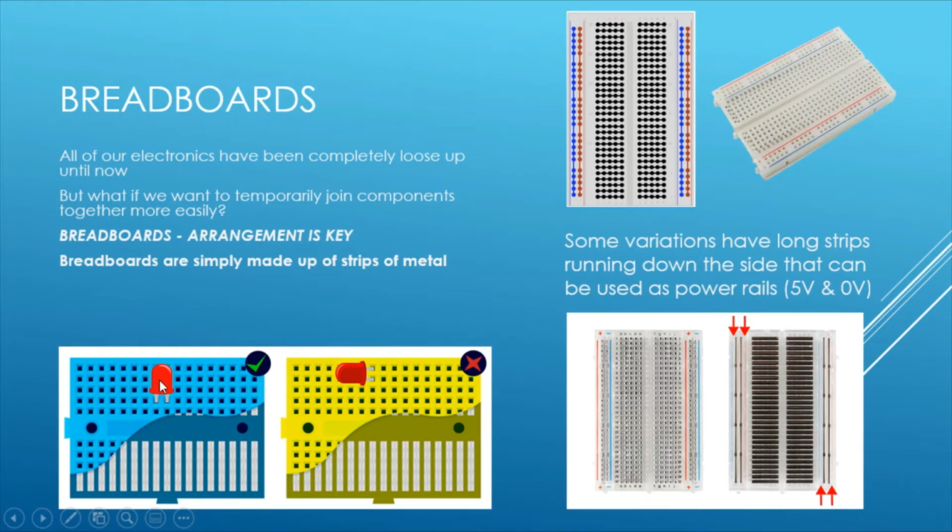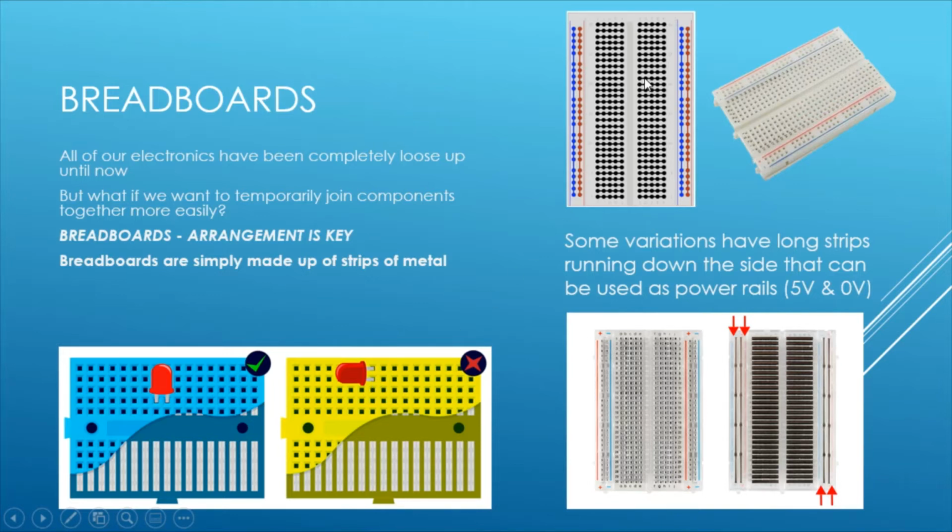Now, if we put our LED here, that's symbolized here, across these two paths, underneath here it's connected one of the legs to this metal strip, and the other one to this metal strip. If we do it like this, this is all joined on one strip together, right? So that means that you've essentially managed to connect both the legs together, and it's done nothing. Tying the legs of an LED together isn't going to be great.